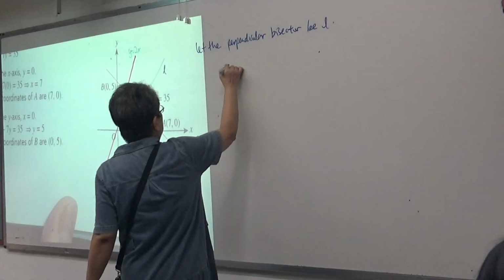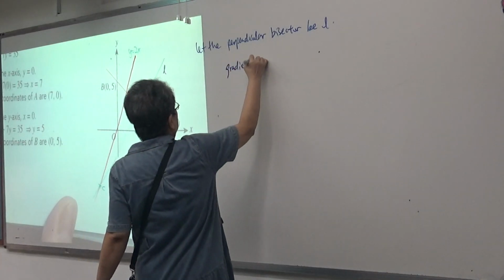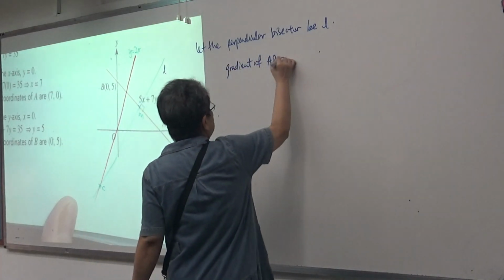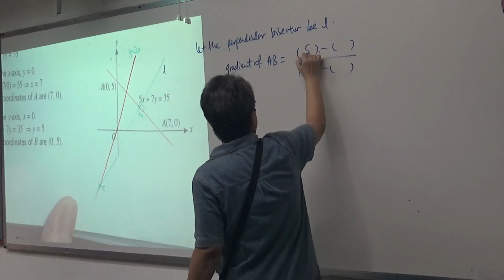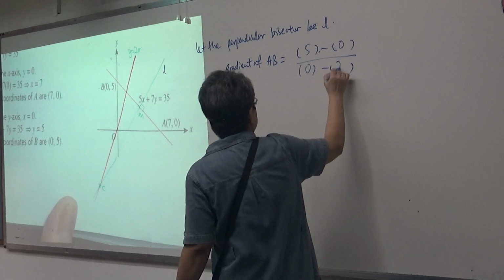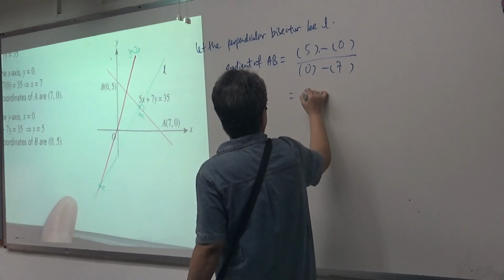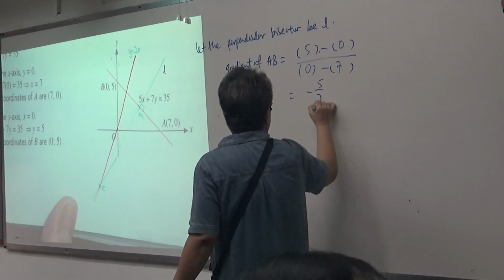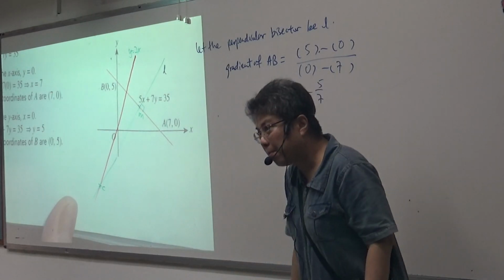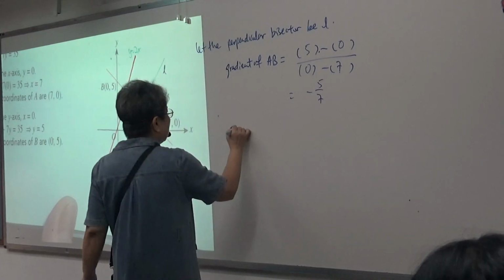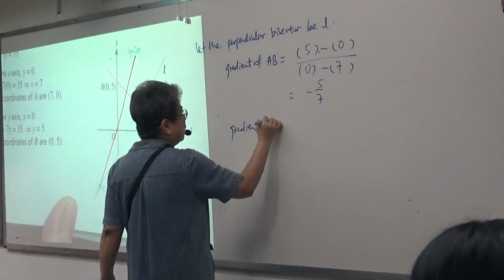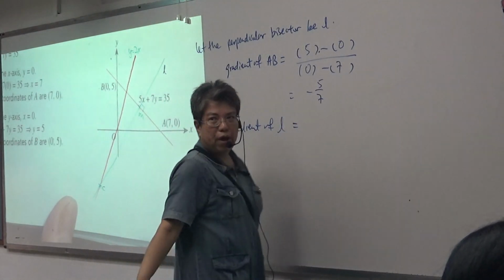Now, how to get the gradient of AB? I will have 5 minus 0 over 0 minus 7. So this is negative 5 over 7. Am I right? Gradient of AB is negative 5 over 7. So what will be the gradient of L?